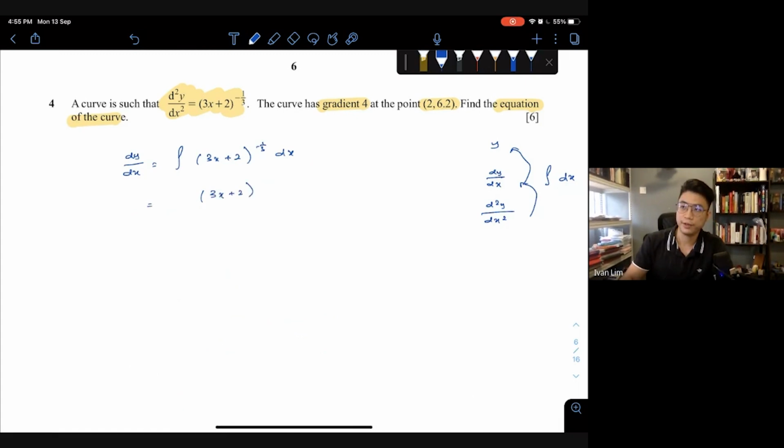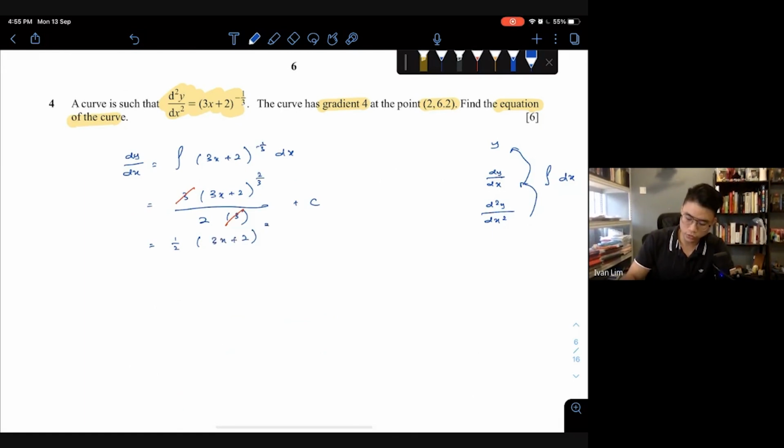Negative 1 over 3 plus 1, we'll get 2 over 3. So we divide by 2 over 3, which will give you times 3 over 2. Differentiate the inside, 3x plus 2, you'll get 3. So we got 3 and 3 here. We can simplify it and make sure you put your plus C here. Let's rewrite it.